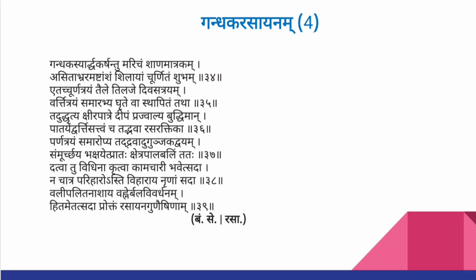Mix this powder with sesame oil and let it soak for 3 days. Use this mixture to create 3 vartis, and these are then soaked in ghee. After that, light the wick like a lamp and hold it over a vessel filled with milk. As the wick burns, the sattva drips into the milk. Collect this essence and store it in a glass bottle.